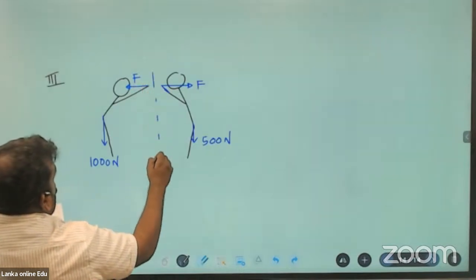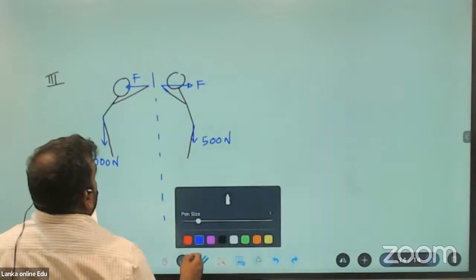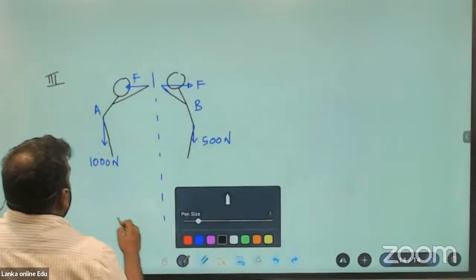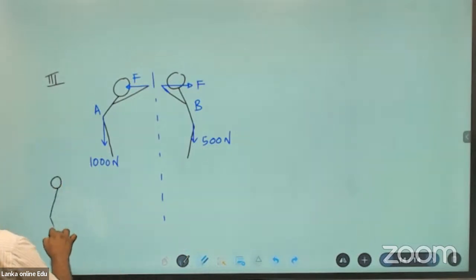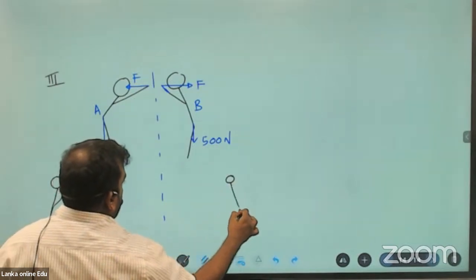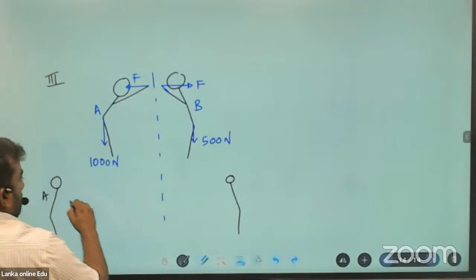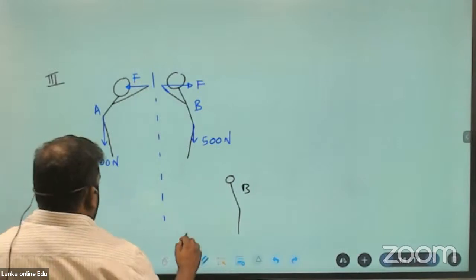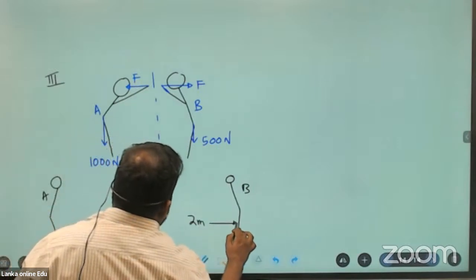So here, B and A has gone somewhere here. B has gone somewhere here. What's the distance moved by A when B has moved 2 meters?